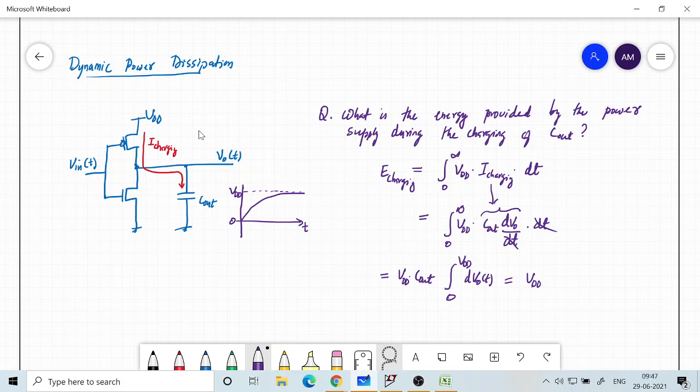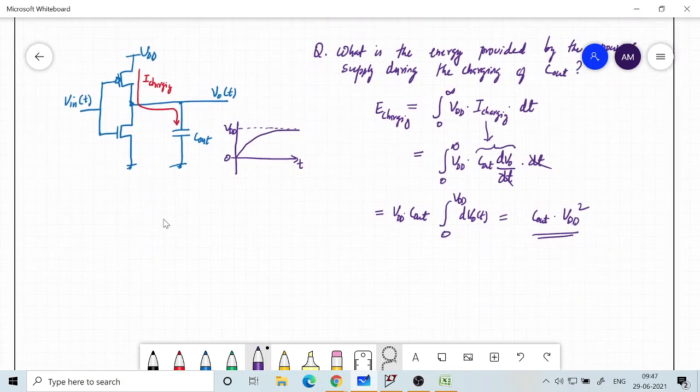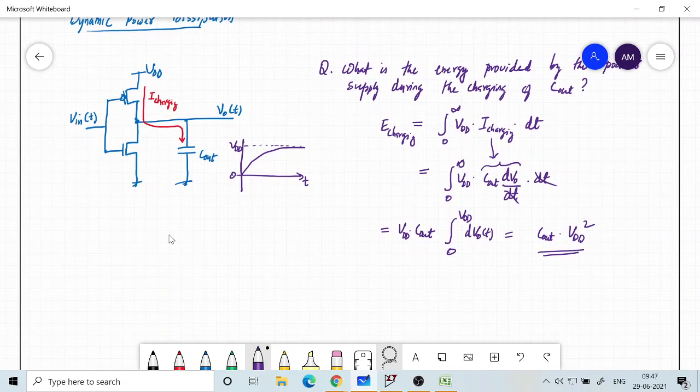Lower limit is 0. So we can write it as C out into VDD squared. So this much is the energy supplied by the source for charging the capacitor at the output.